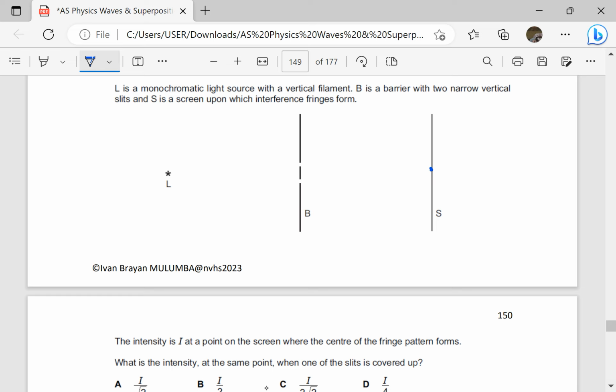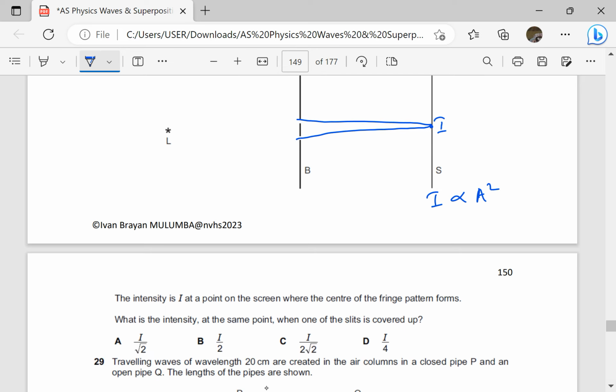the center of the fringe pattern forms, the amplitudes are going to be added up. Remember, intensity is directly proportional to amplitude squared.